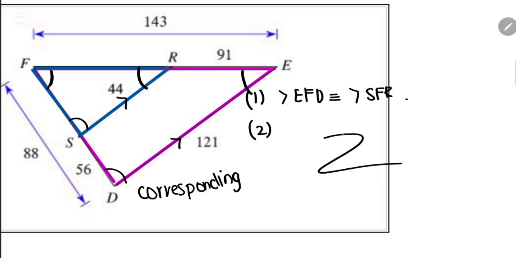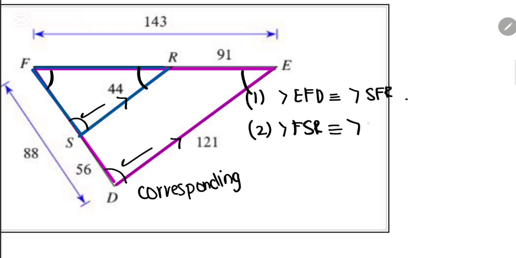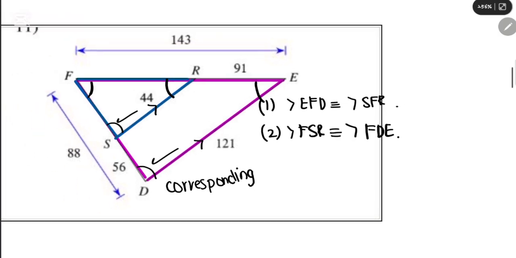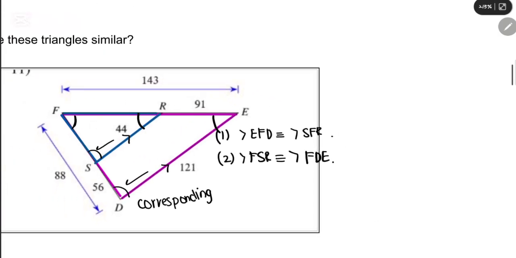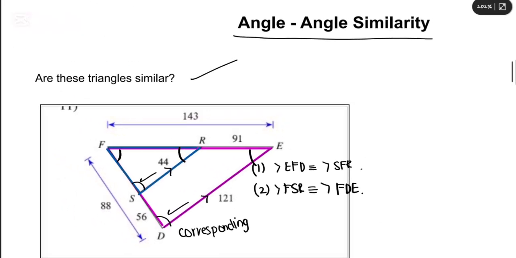The Z pattern, the C pattern, the F pattern, all of that. Please come back to those lessons. So here they're corresponding. So therefore, we know that angle FSR is also equal to angle FDE. Okay. So two angles that are the same, therefore they are similar.